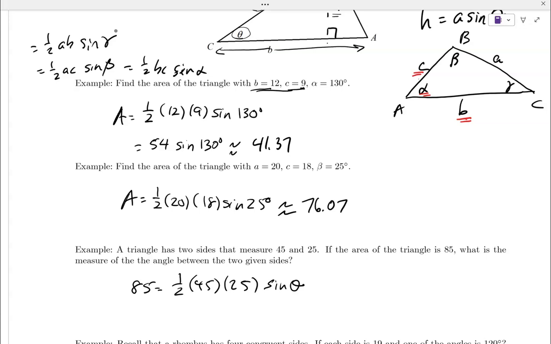Get sine of theta by itself, right? So multiply both sides by 2 and divide by that product of 45 and 25. So sine of theta would be that. I didn't feel like multiplying 45 and 25 in my head. That okay?